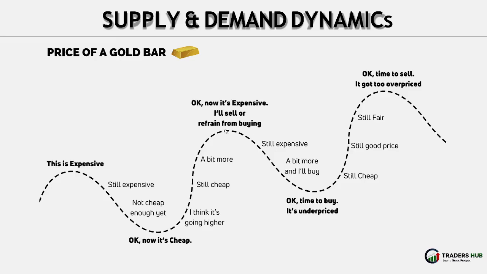When it is expensive, it means that there is more supply than demand for that asset at that particular time, and for that reason the price will depreciate again in value or price. At this level it is still expensive; a bit more lower and you can buy.